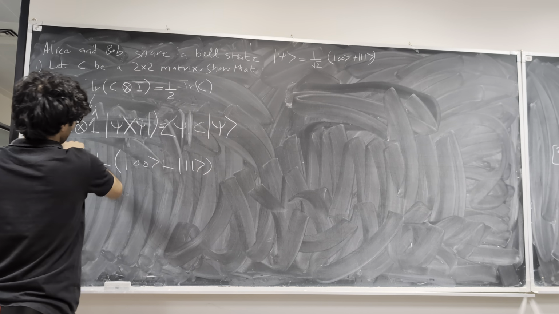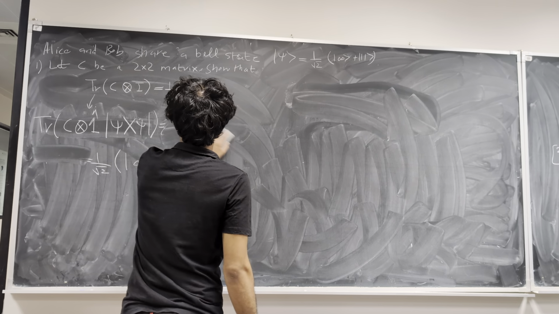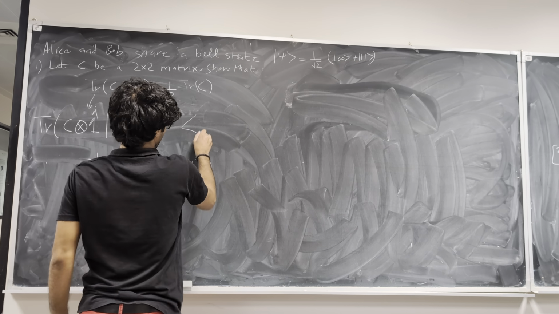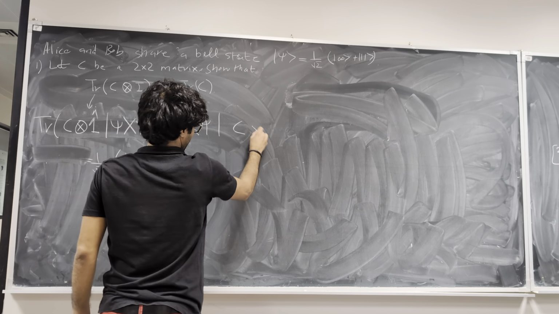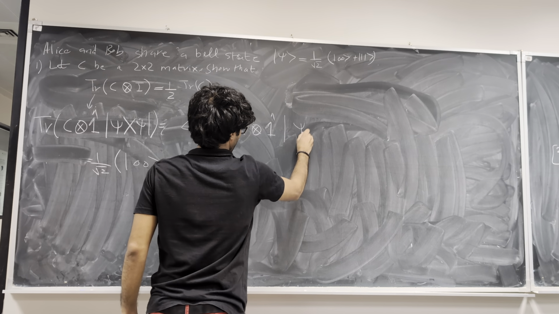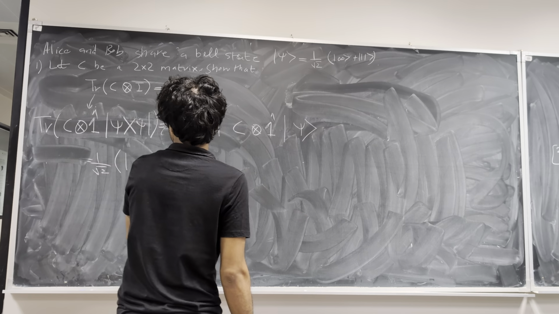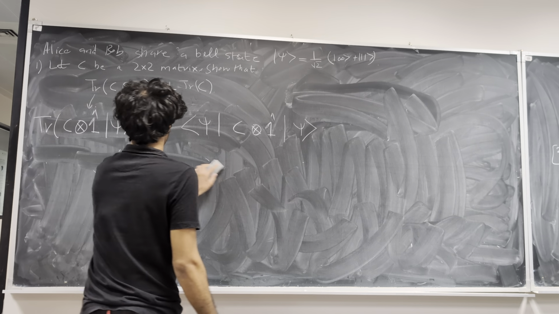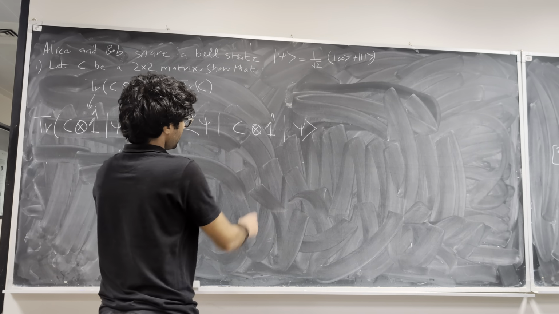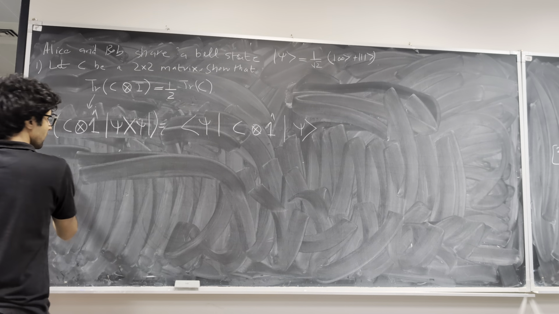What would this be equal to? Psi times C cross identity times psi. Does that make sense? Okay. Now I hit these with the identity, and I get again the same thing.